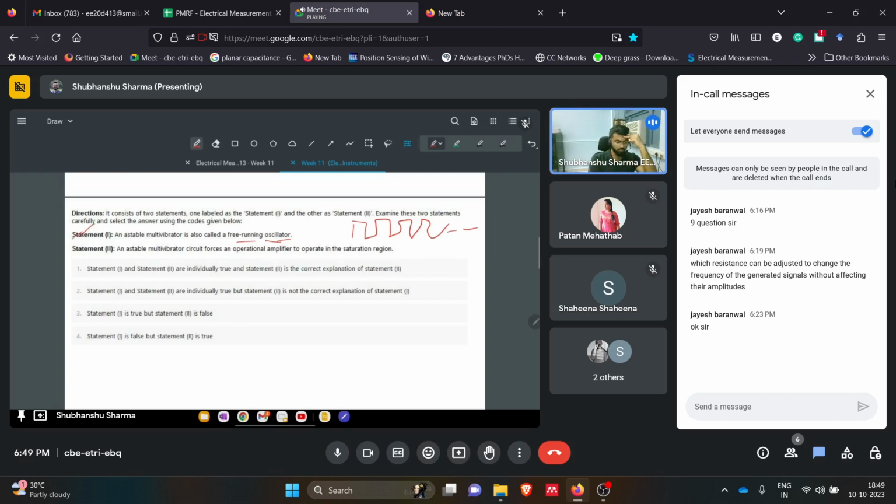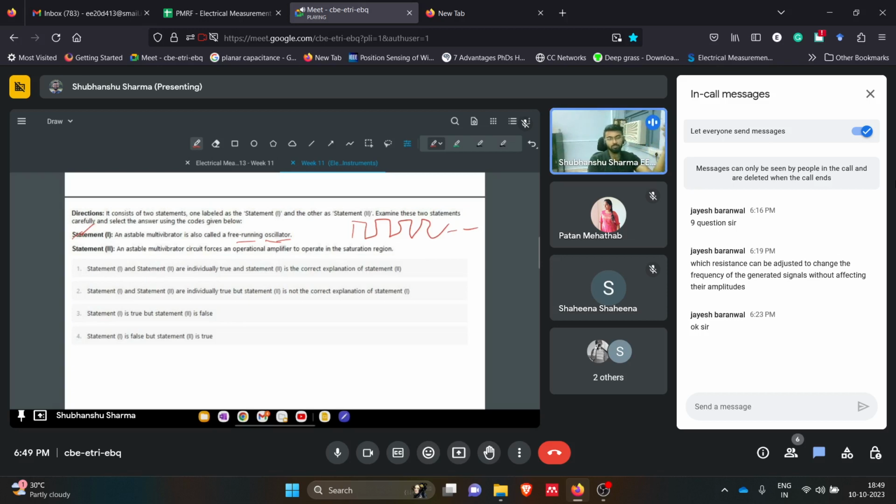What about statement 2? Statement 2 says an astable multivibrator circuit forces an operational amplifier to operate in the saturation region. So the op amp used in the circuit is forced to operate in the saturation region.